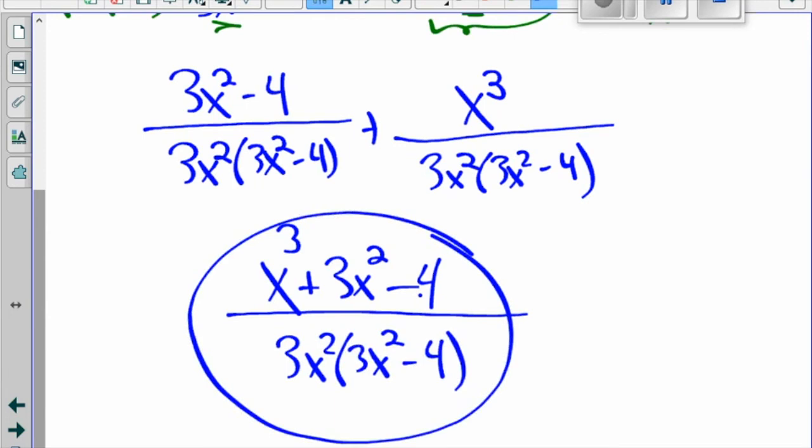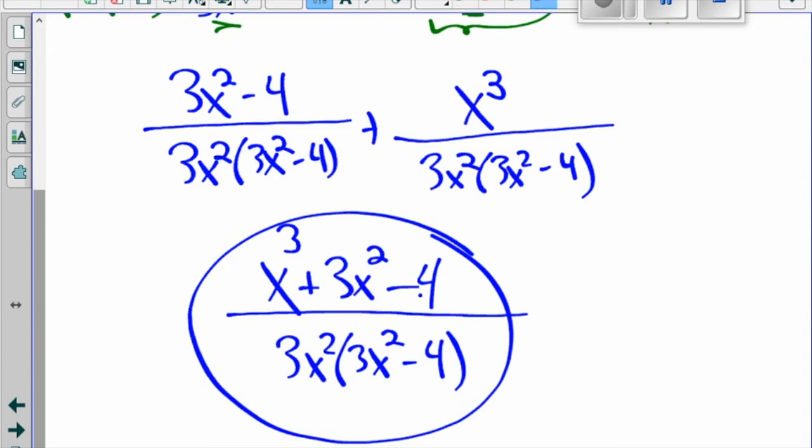And I'm going to go on and tell you this is as simplified as it gets. Because for us to really factor that numerator, we need one more term. Because I need an x term, a term with x to the first power, really to possibly be able to factor this.